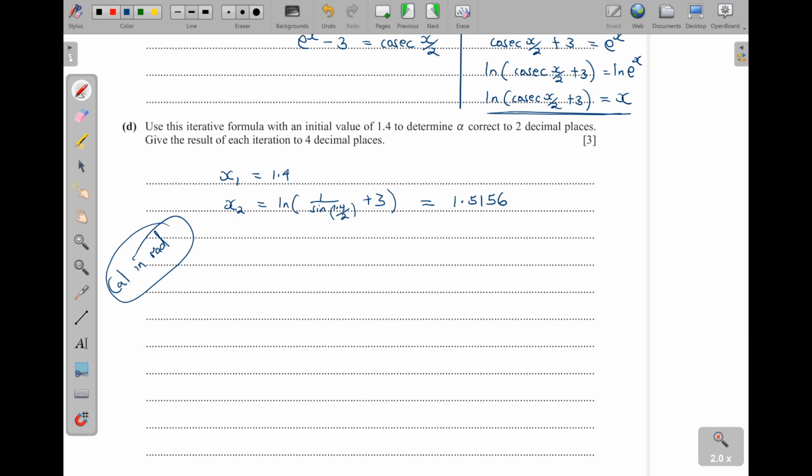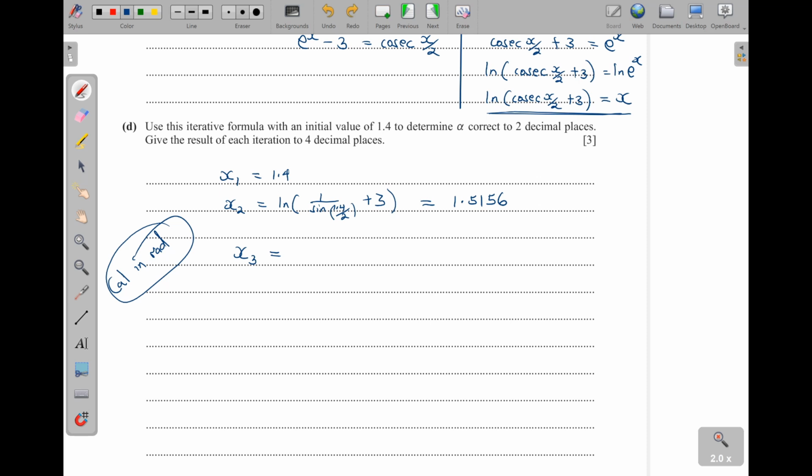They said give the values of each iteration to 4 decimal places. Then for x3, you don't need to disturb yourself again writing the natural log. The moment you show the examiner that you have substituted in the first one, for the rest just write those values.